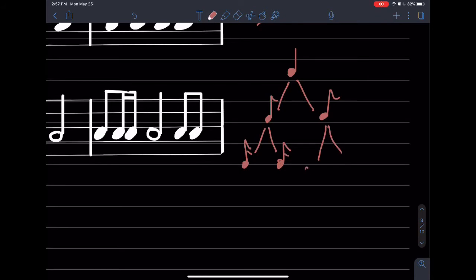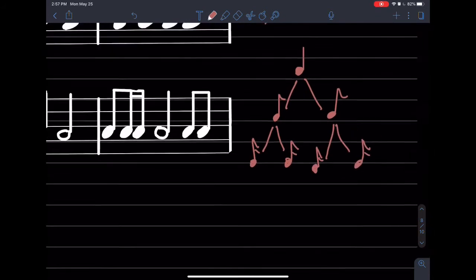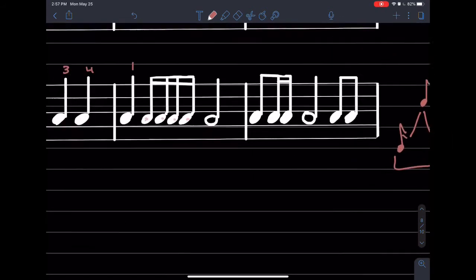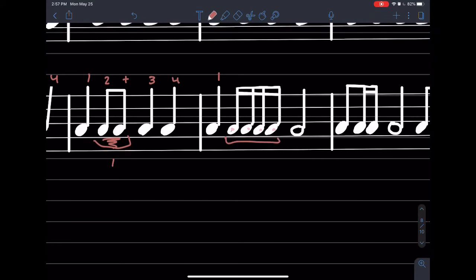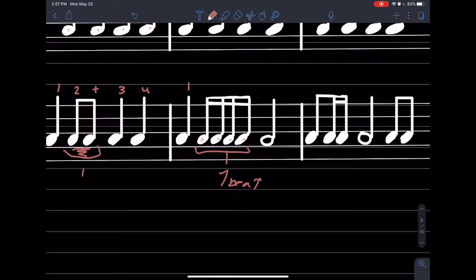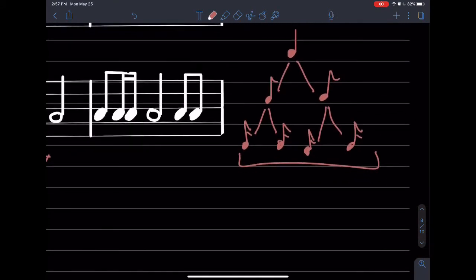In other words, there are 4 16th notes in 1 quarter note, and you can see that right there, just like that. So that means these 4 16th notes and these 4 16th notes are worth 1 beat, okay? Collectively, they're worth 1 beat. That means we're taking 1 beat and dividing it into 4 equal parts.